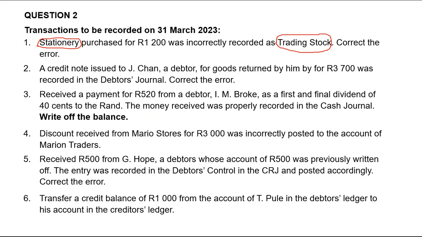Next one says that a credit note issued to J. Chen, a debtor, for goods returned by him for 3,700 was recorded in the debtors journal. Correct the error. Yeah, that's a tough one.